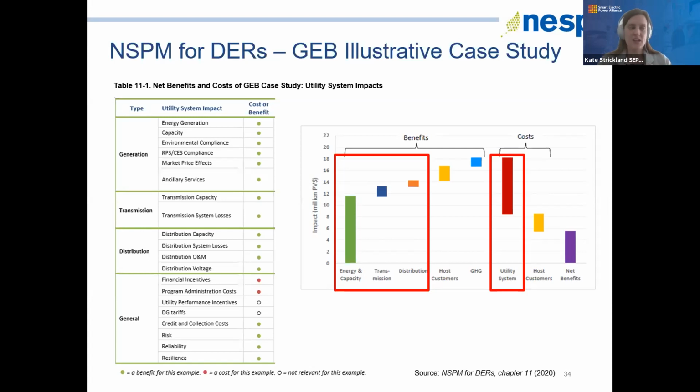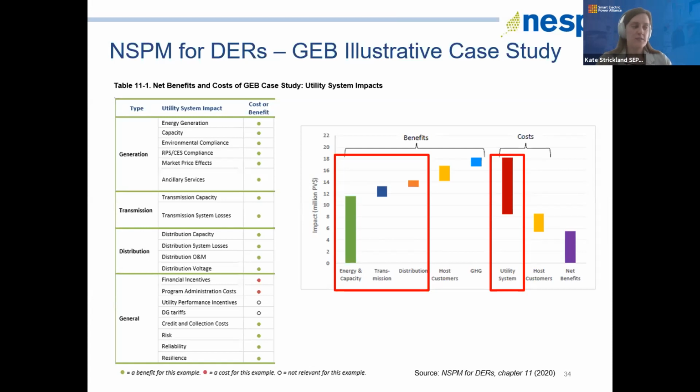The GEB is shifting building load away from system peak hours, and that load shifting is also providing capacity during system peak hours. Additionally, we're seeing excess solar from PV being used to charge the GEB's storage system during off-peak hours. And then the storage systems are discharging during system peak hours. Finally, the GEB is using demand response direct load control to shift load during system peak hours to off-peak.